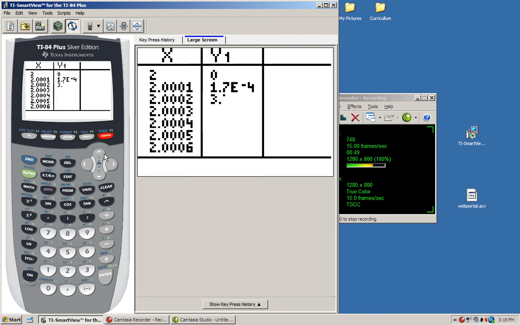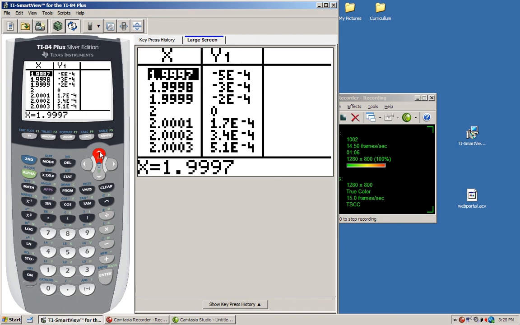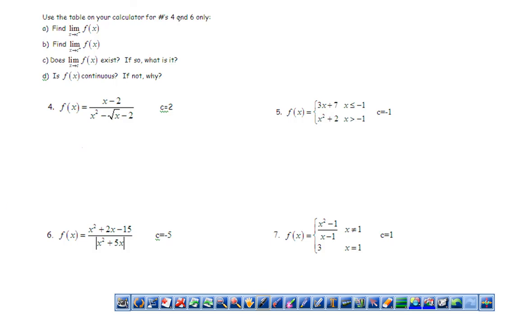I'm going to go to my table. At 2, it does say it's 0. From the bottom part, that's going to be the right side. So it looks like it's approaching 0 because this E, the scientific notation, is 0. If you go above 2, you can see it's also approaching 0. Okay, then we can go over here from the left side.